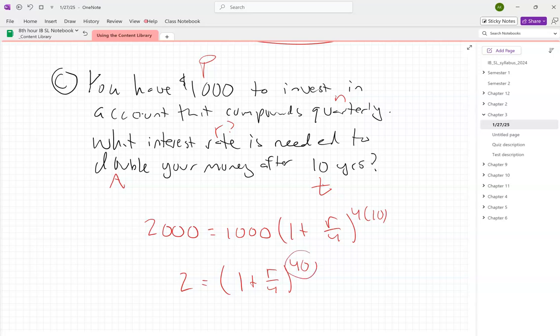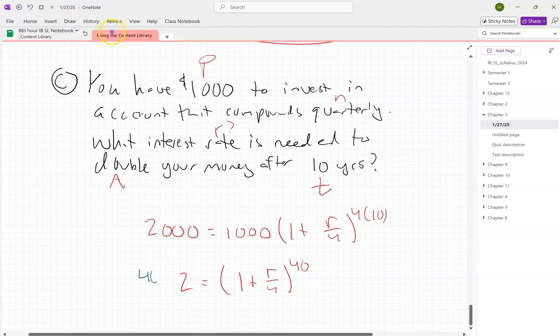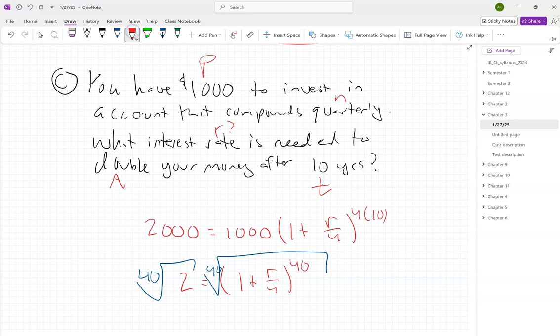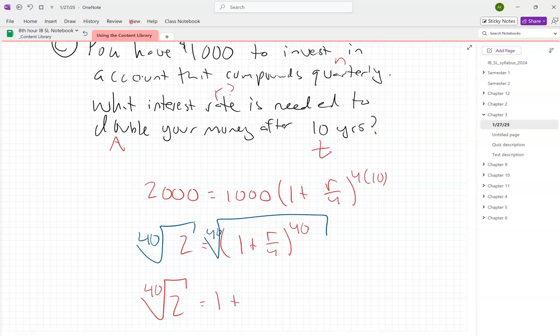And then how am I going to get rid of this guy? I'm going to do the 40th root. Now, technically speaking, because that's an even root, I should get a plus or minus. But what do I know has to happen here?